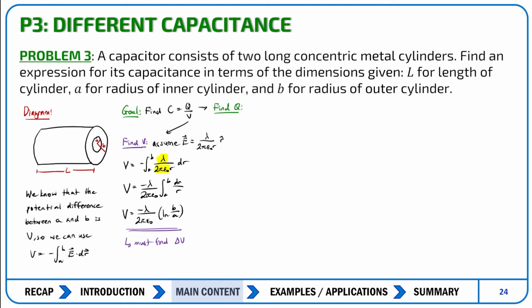We must find delta V. So that's going to be equal to V out minus V in. For the outer one, the outer cylinder does not contribute to potential between the two surfaces. So I have to write that down.